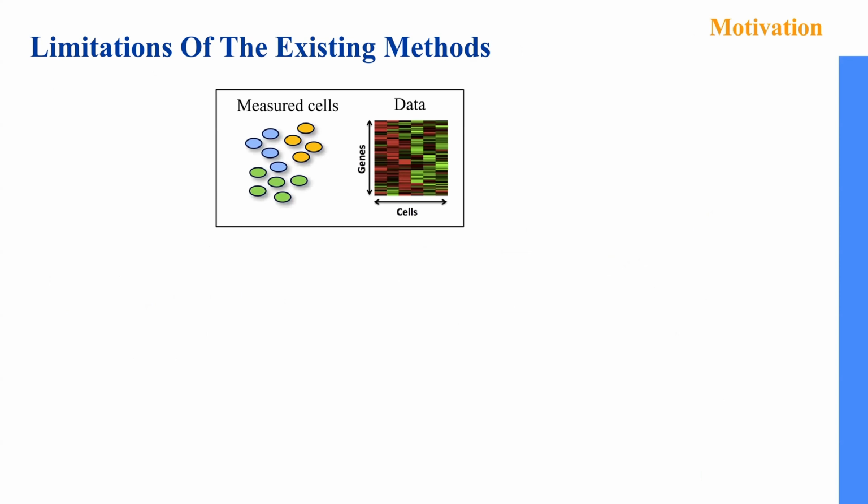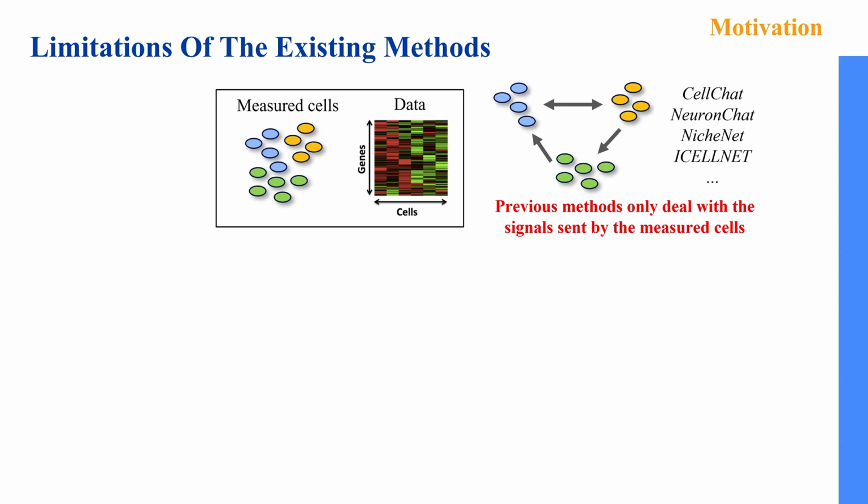For example, like I said, we have measured cells, and based on these measured cells, we have the single cell data. Current methods only focus on analyzing the cell-cell communication within those measured cells. We have lots of very good, very powerful computational methods like CellChat, NeuronChat, NicheNet, iCellNet, and they all have their strengths.